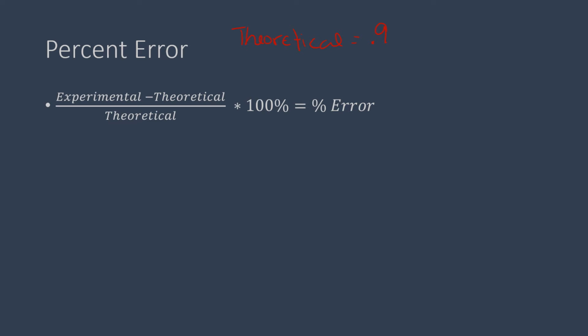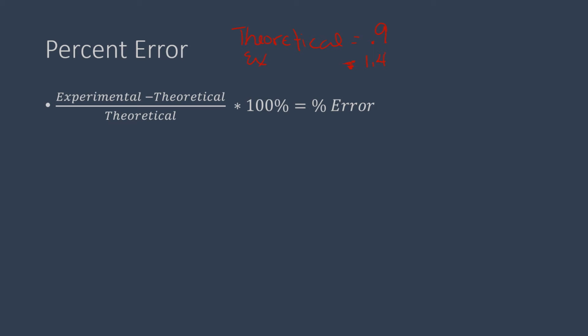And our experimental was actually 1.36. However, if you look back at our data, that would have been 3 units, and we did not have 3 units of precision, so 1.4. We only had 2 significant numbers.